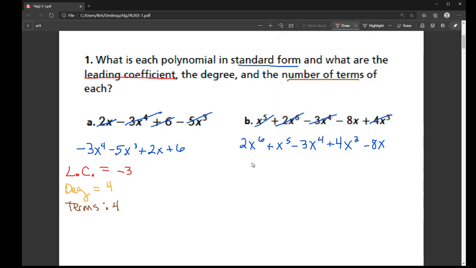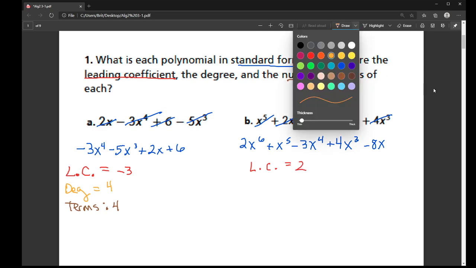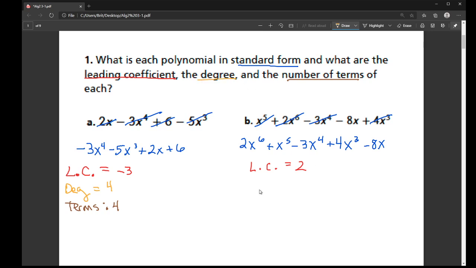So my leading coefficient is that very first number, which is a 2. My degree is that highest exponent, which is a 6. And in terms of the number of terms, I have 1, 2, 3, 4, 5.